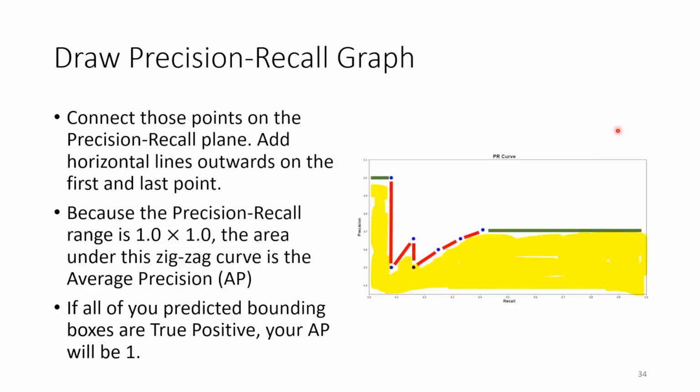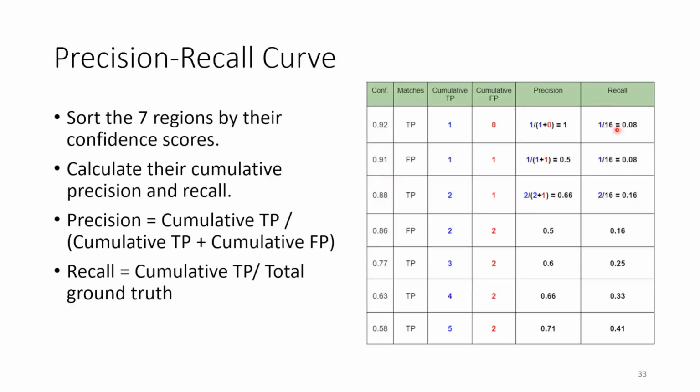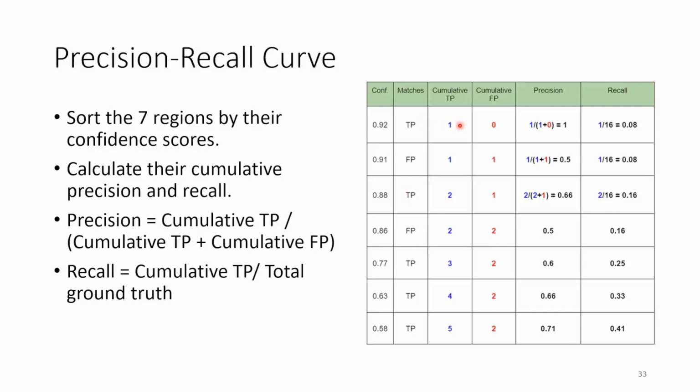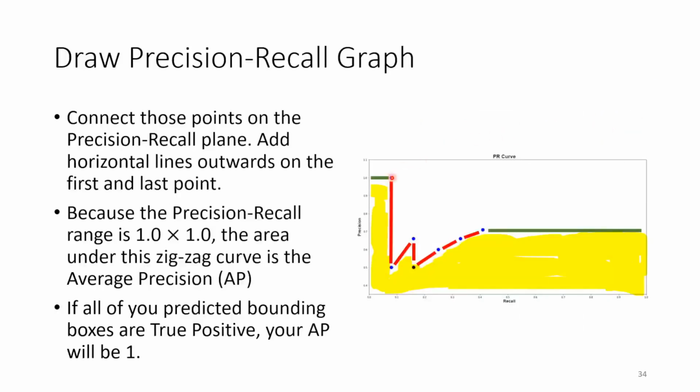However, let's see this case. For truck, you will see a lot of values here, right? And for truck, suppose there is a single positive region and the recall value is fixed. Then you will have just a single point.